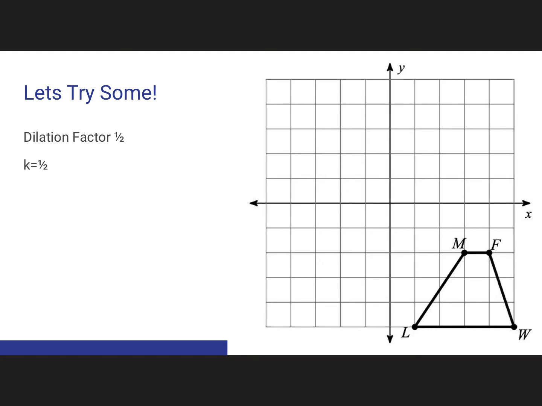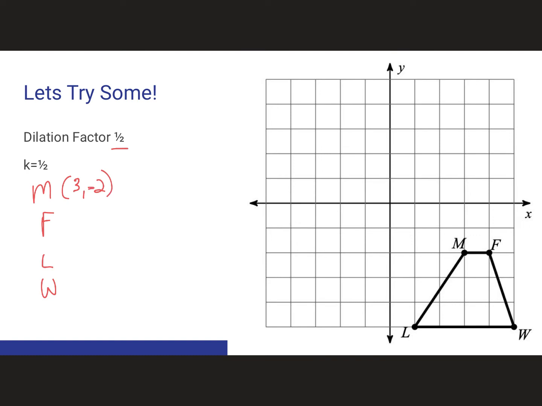Okay, next one, I have a scale factor of 1/2. So remember that my scale factor, I'm just going to multiply my points by. So I have the points M, F, L, and W. So M is at the point 3, -2.